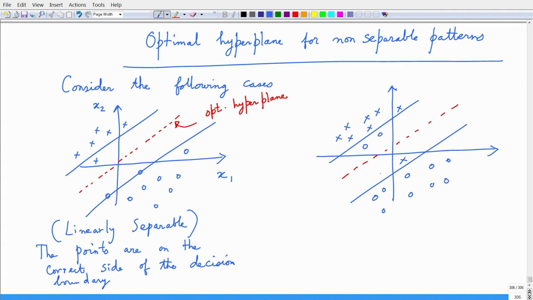So, I essentially have points that are inside this margin, but on the wrong side of the decision surface.